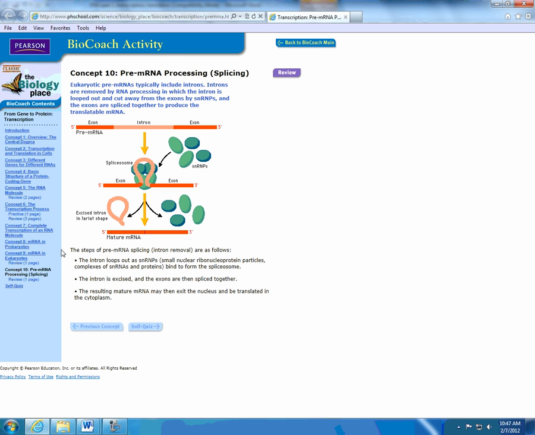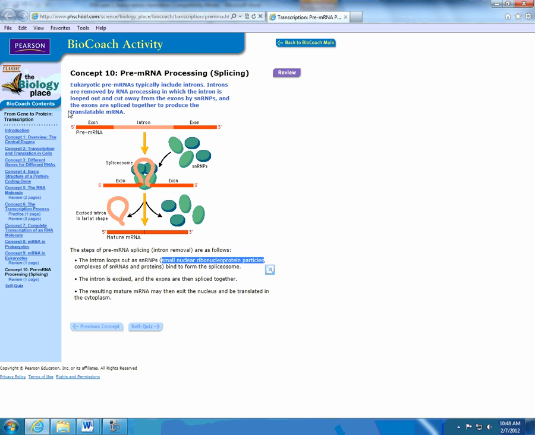So here is the processing of an intron, how you get it out. I forget what the snRNPs stand for. I know it's on here somewhere. Oh, small nuclear ribonucleoprotein particles. Whew, that is a mouthful. Like I said, it gets more complex.